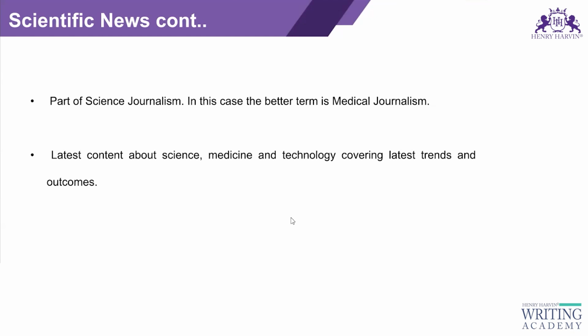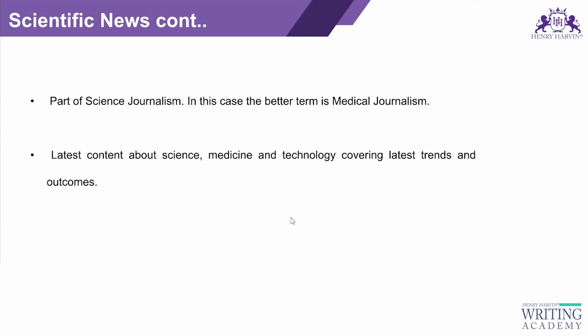The latest content in the field of science, medicine and technology, covering the latest trends, information and discoveries, is written in a very summarized and very easy language. That is known as scientific news, and it is also known as medical journalism.